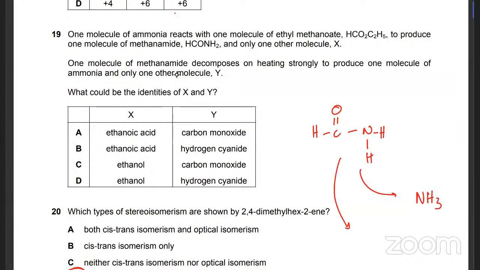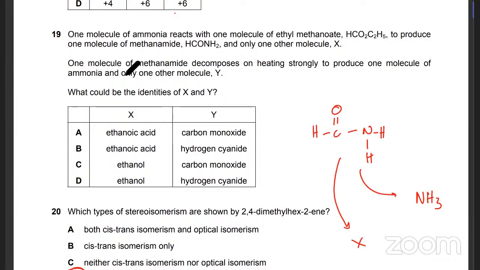What is the other thing then? What is X? One second.